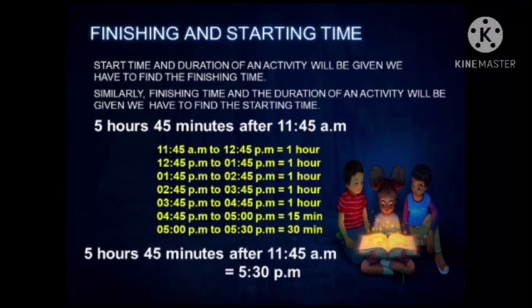So 5 hours 45 minutes after 11:45 is 5:30 p.m. For this we must be clear with the starting time, finishing time, and the time interval. What is the difference of these three terms? This is how we convert to the needed part, whether we need duration, starting time or finishing time.